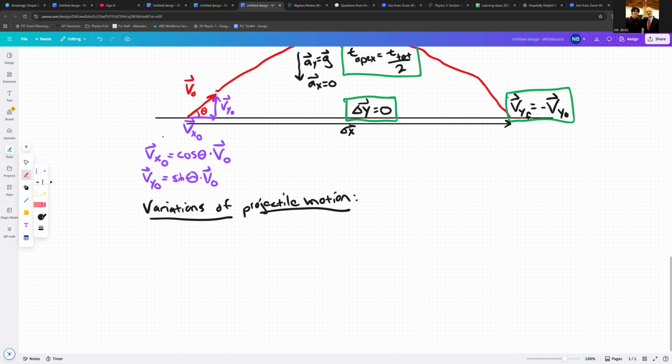First, you might see a problem where an object is launched, rolled, or thrown from some height, but it rolls off a table or something with an initial velocity that is purely horizontal. So we get this Vx initial. And this is actually a really nice one because we don't have to do any trig. We don't have to do sine and cosine.